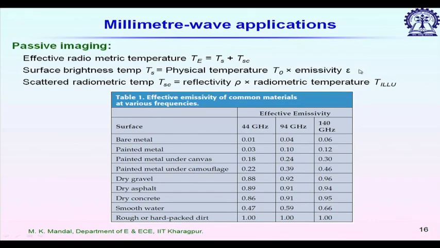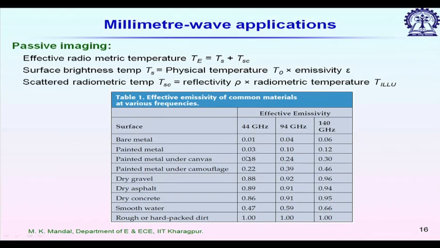The second term is the scattered radiometric temperature. It represents the reflection by the object, and it is equal to the reflectivity rho multiplied by the radiometric temperature T illumination.